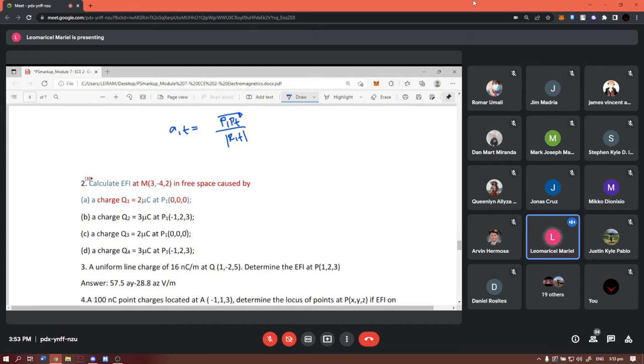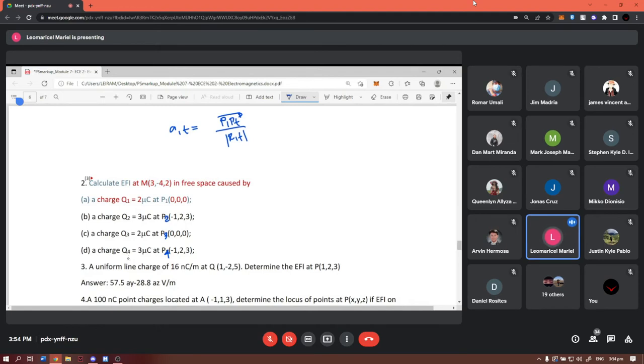Okay, gawin natin itong P2, then ito P3, then this is P4, located at (-1,-1,2,3). Then your Q3 is 2 microcoulombs located at (0,0,0). Parang nag-copy lang ako dito.